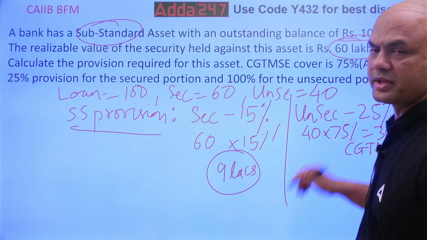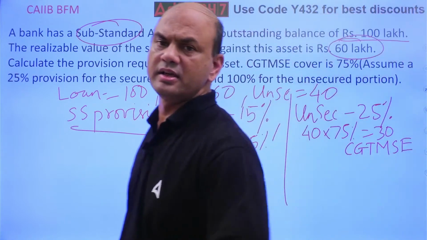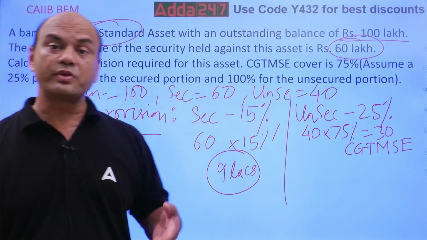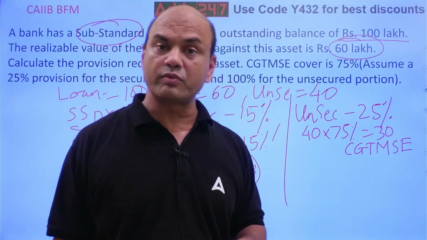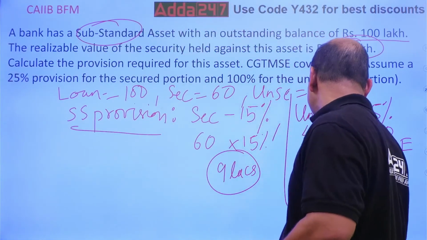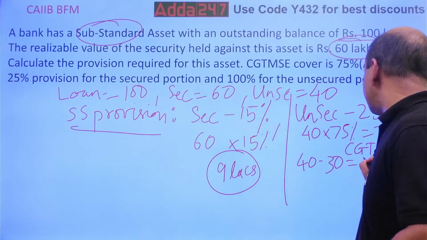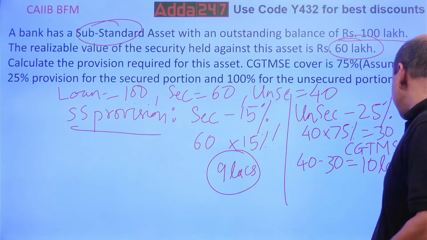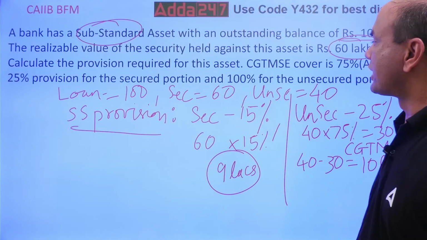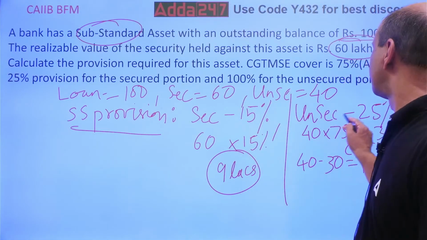If I am insured for this 30 lakhs, I need not make the provision then. So provision is for what then? The remaining part. What is the remaining one? 40 minus 30, equal to 10 lakhs. For 10 lakhs I have to make the provision. But what is the rule? For unsecured, provisioning is 25%.